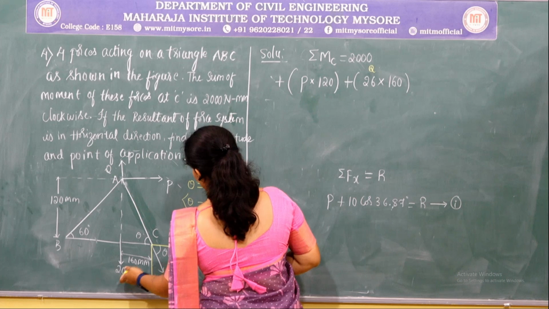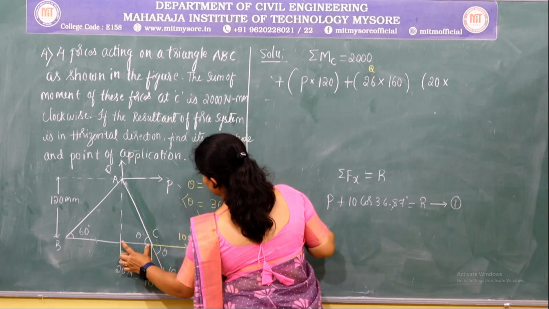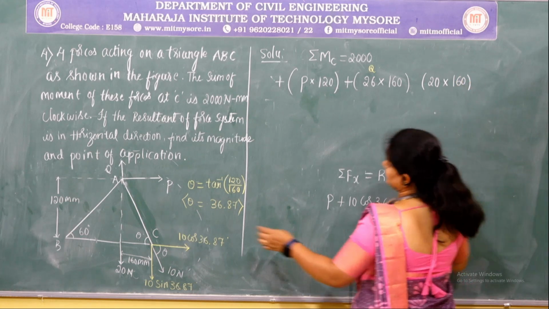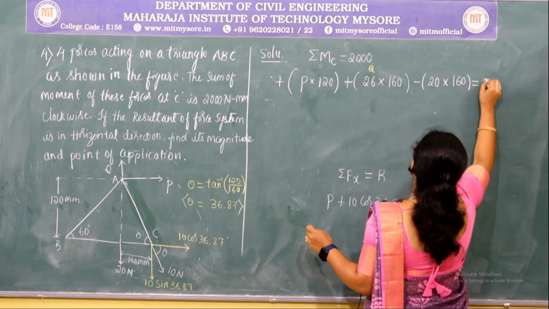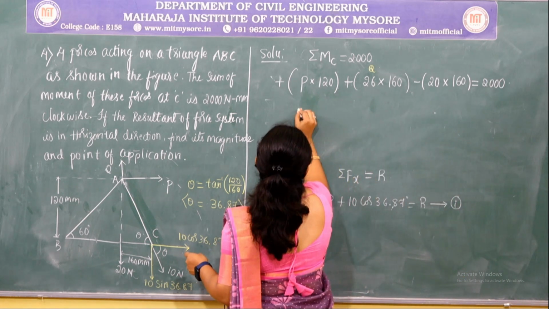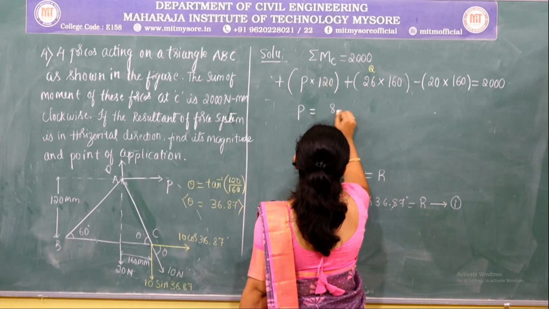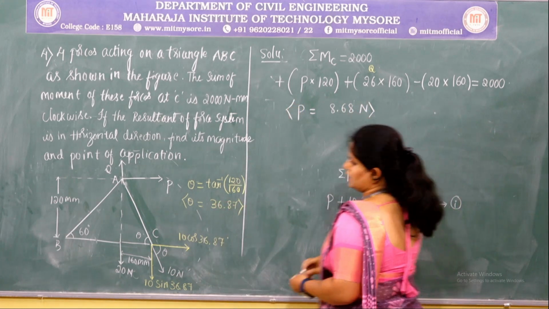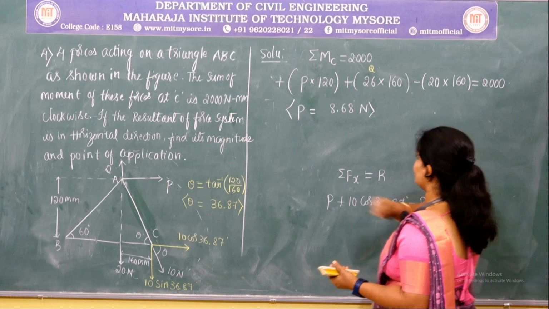Next, there is a 20 Newton force multiplied by the perpendicular distance 160 again, and this produces an anti-clockwise moment about point C, which is equal to 2000. On solving this, we get the value of P as 8.68 Newton. Now we shall substitute this value of P in equation 1.